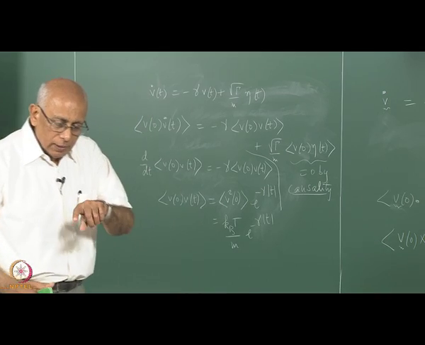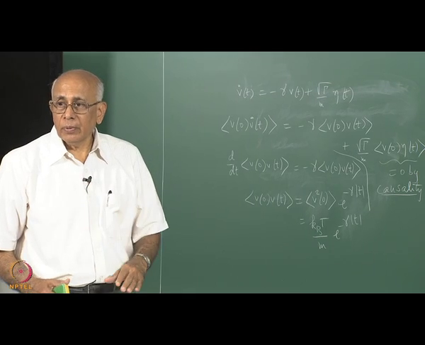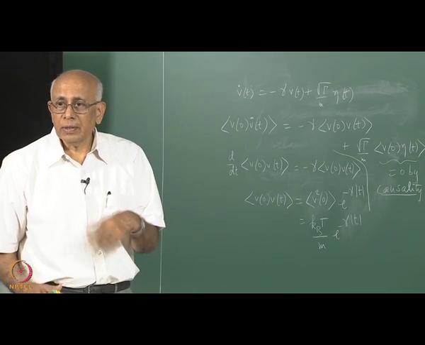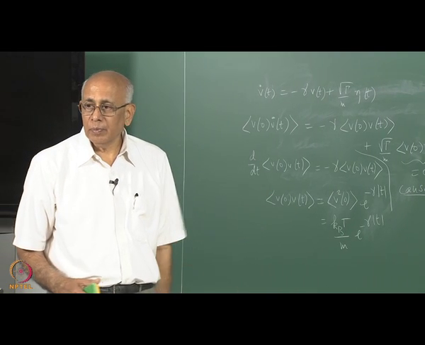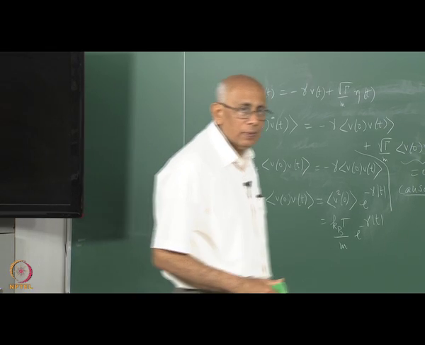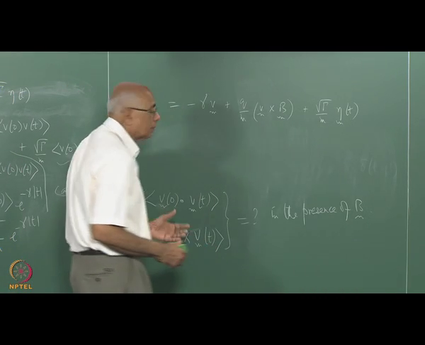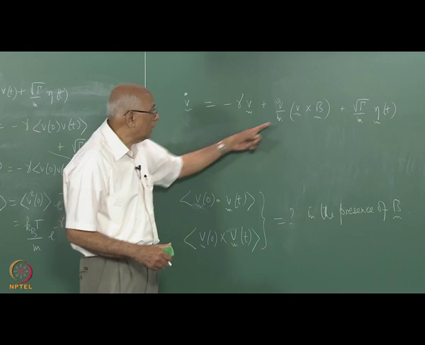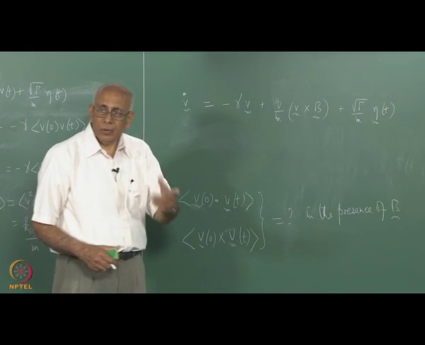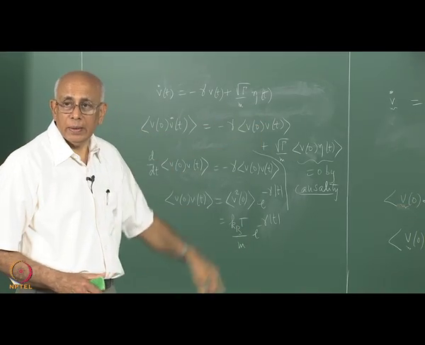In fact, as the particle does cyclotron motion with a characteristic frequency, what is the characteristic frequency for this cyclotron motion in a magnetic field B? Once you have a thing like this, what is the cyclotron frequency? Where the force is q over m v cross B, right?